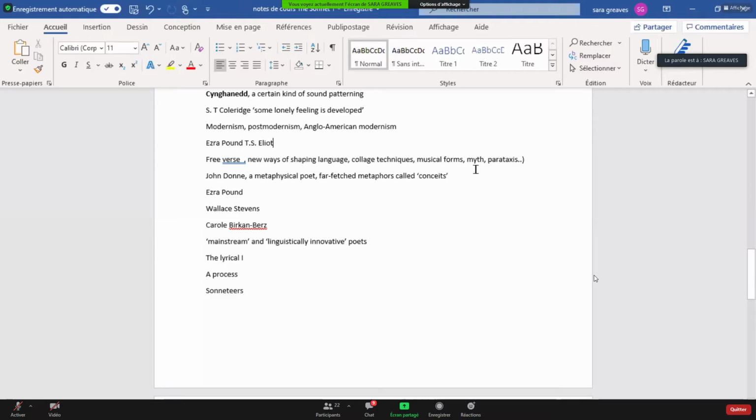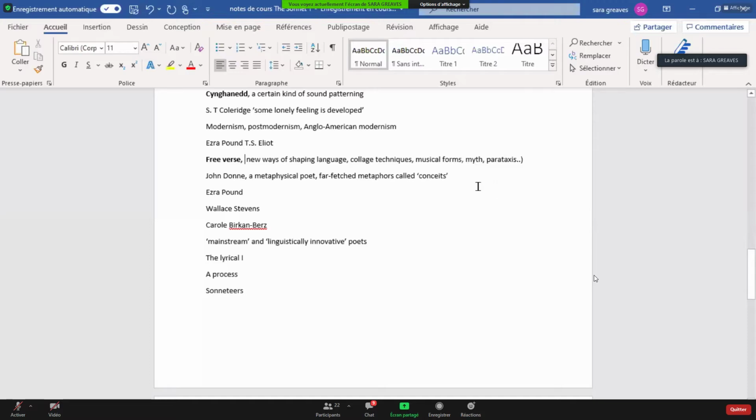And they replaced received forms, traditional poetic forms, with free verse, of course, and other new ways of shaping language, such as through collage techniques, which obviously comes from the visual arts, placing fragments of verse, of poetry, and juxtaposing them.